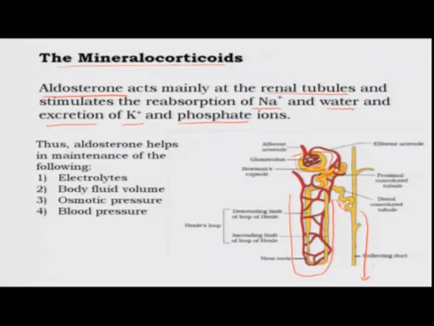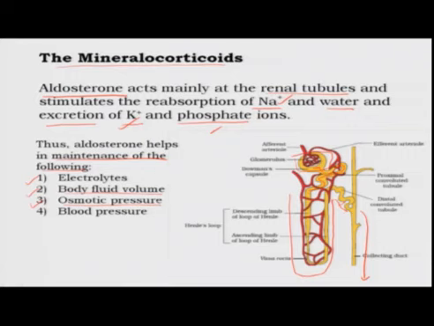So, obviously, the effect of aldosterone would be to help in maintenance of the following. One is the electrolytes, which comprise the sodium, potassium and phosphate ions. Of course, it regulates water reabsorption. So, it will regulate the body fluid volume, how much water is there in the body fluids. Because it regulates the body fluid volume, it will regulate the osmotic pressure, which is because of how many solutes are present within the water.